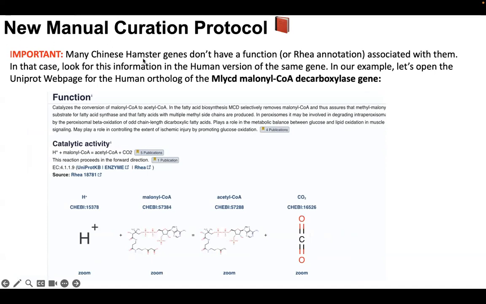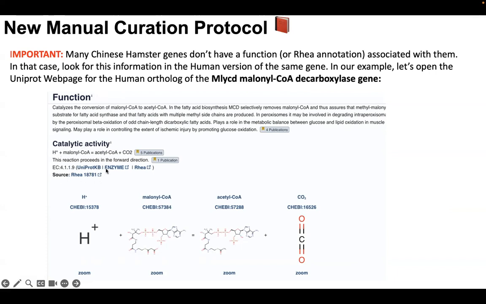So here is the note: many Chinese hamster proteins don't have a function or RIA annotation associated with them. So in that case, look for this information in the human version of the same gene. So here's the gene. You input this in UniProt. You select the human protein, and the first part of that database tells you the function and also the catalytic activity.